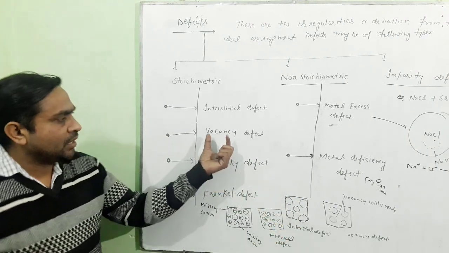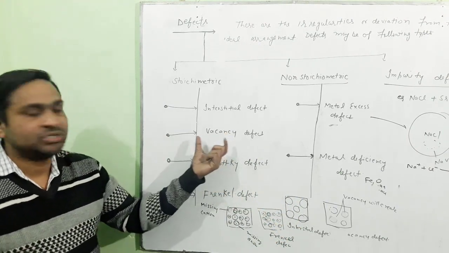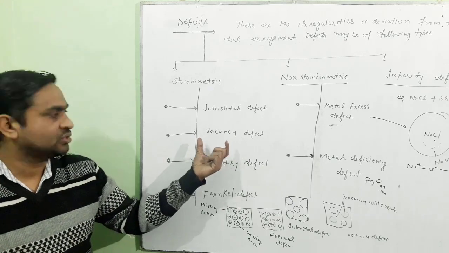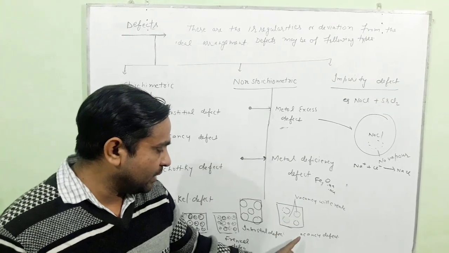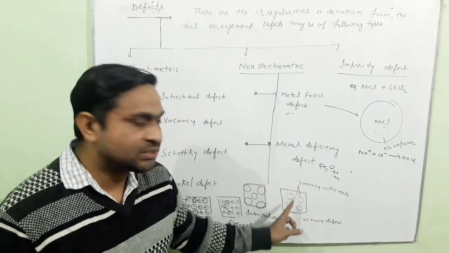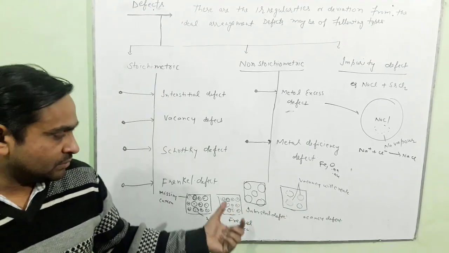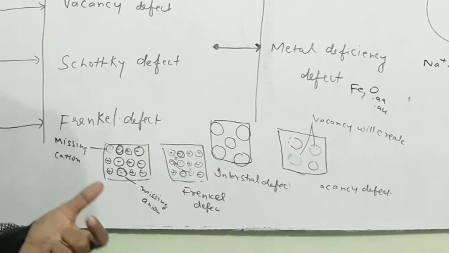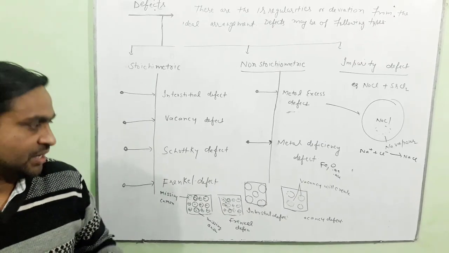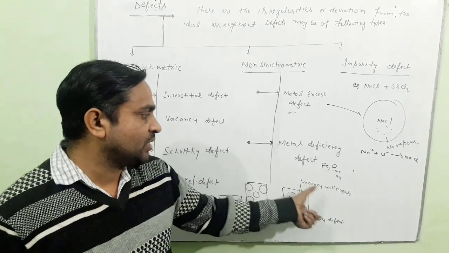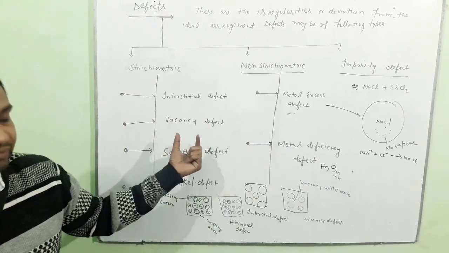Now we will take another defect which is also found in covalent compounds, that is the vacancy defect. As you can understand from this diagram, when some constituent particles go missing from their places, a vacancy is created and the density will decrease. Such a defect is known as the vacancy defect.